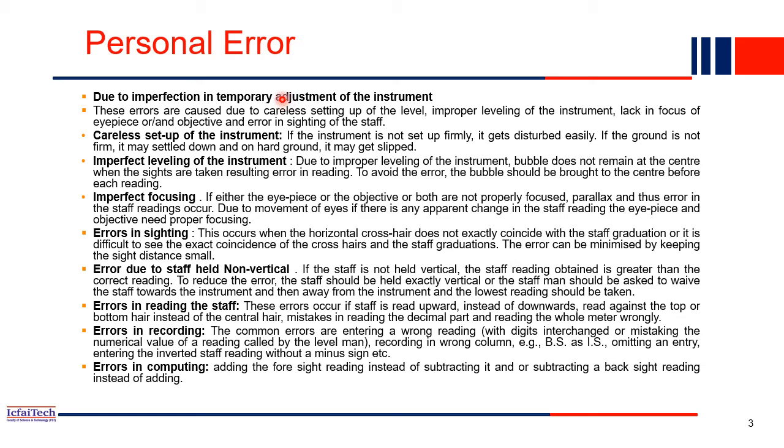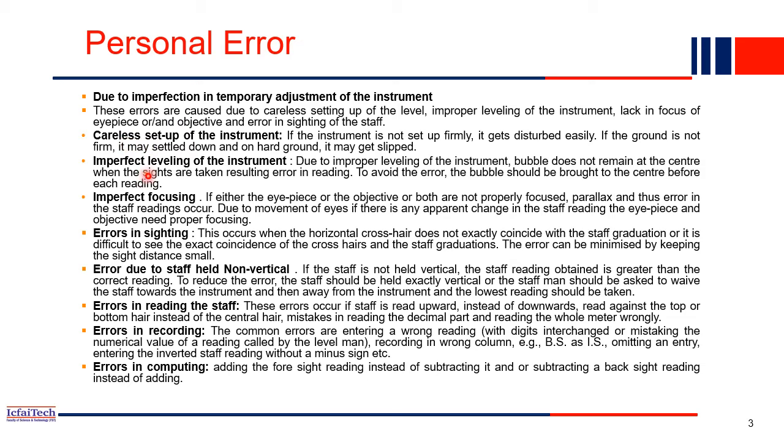Because of the ground shaking, the instrument setup again got disturbed. In that case, again we'll get errors in the reading. So we have to make sure that the instrument is kept on the ground firmly, so that even if small vibration is happening, the instrument setup should not be hampered. So that is the carelessness in setup.